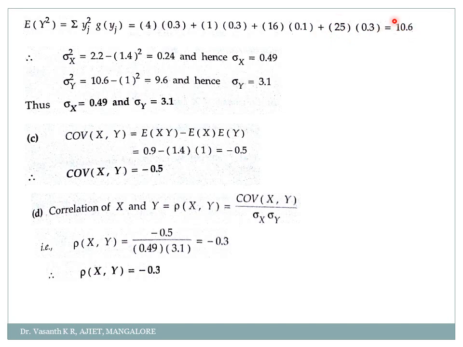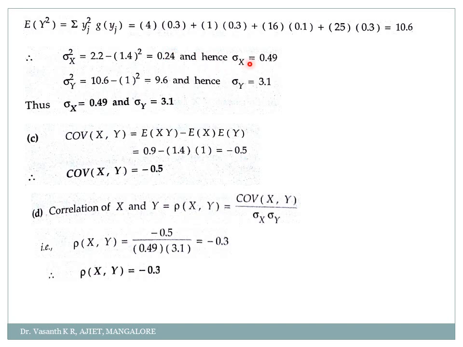I will get 10.6. So now sigma x square or variance is equal to expectation of x square, that is 2.2, minus expectation of x the whole square. So expectation of x is 1.4, its square. So 2.2 minus 1.4 the whole square will give me 0.24.